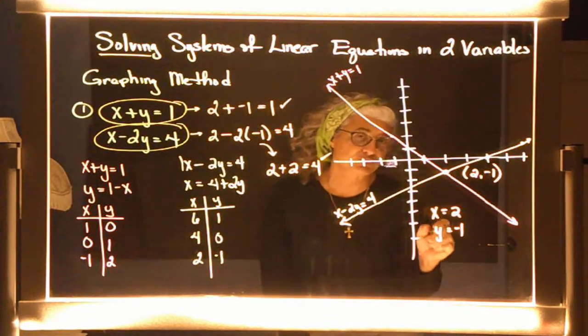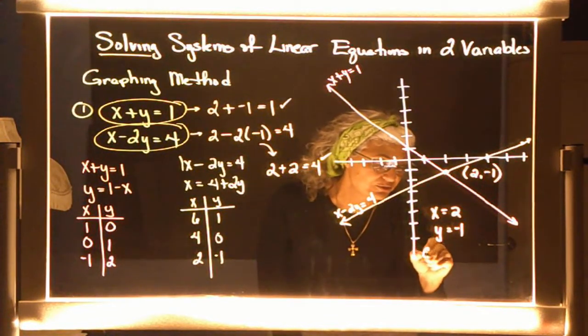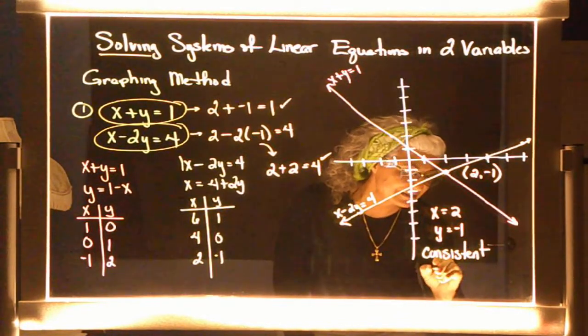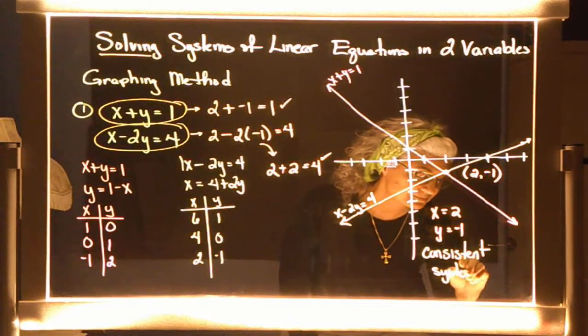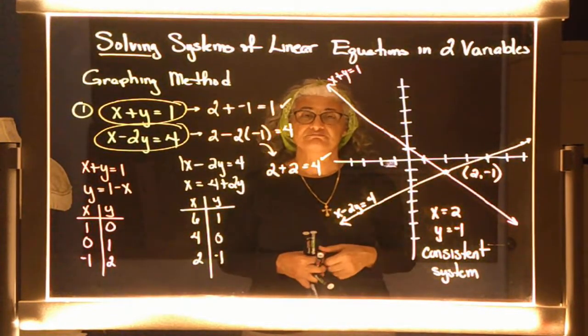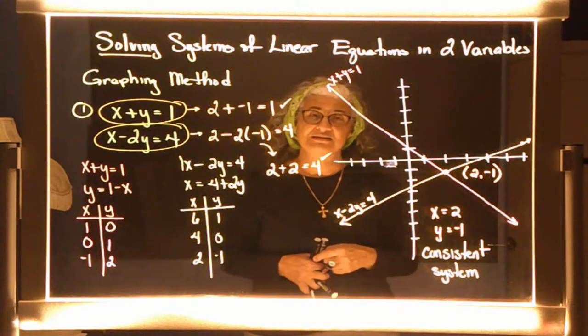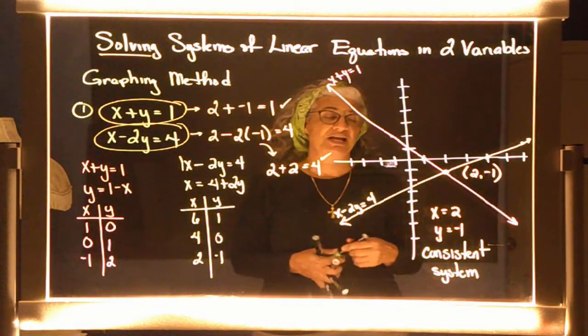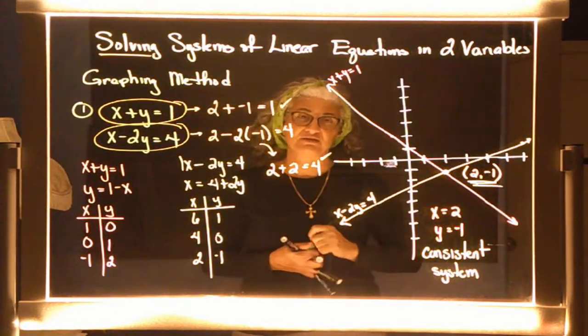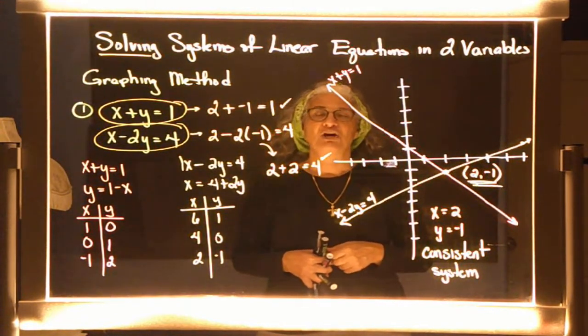Because we have a solution, this is also known as a consistent system. What does that mean? It means there's a solution. That's what consistent system means. I have a solution. And my solution is this point, (2, -1). Good?